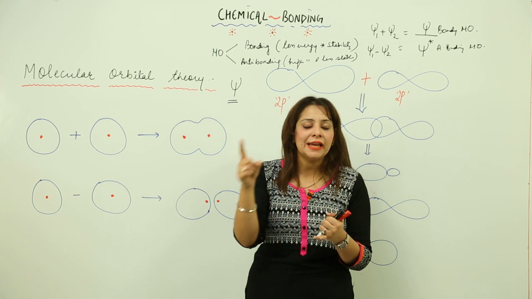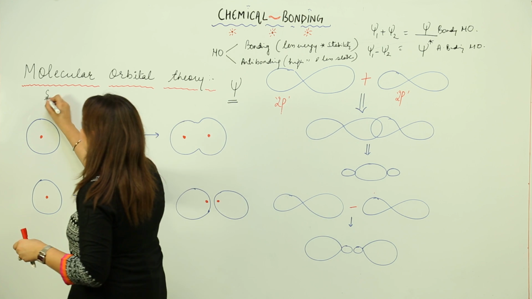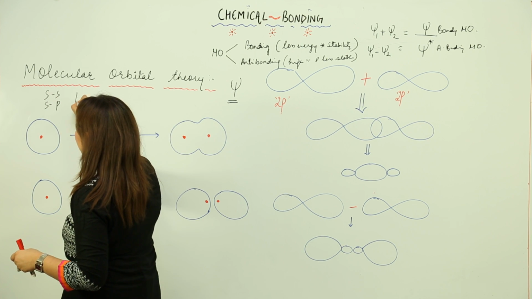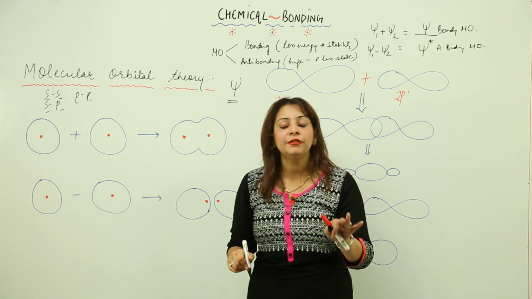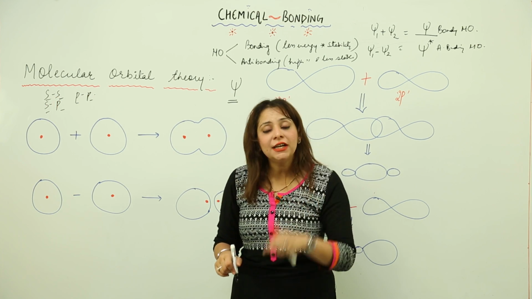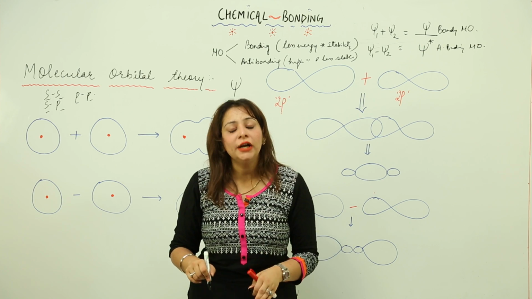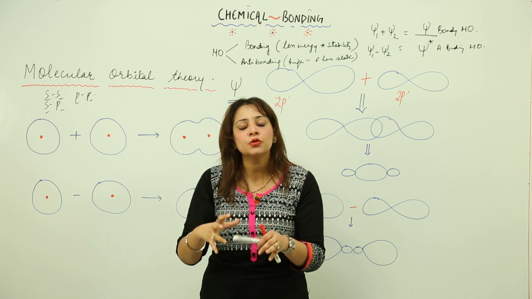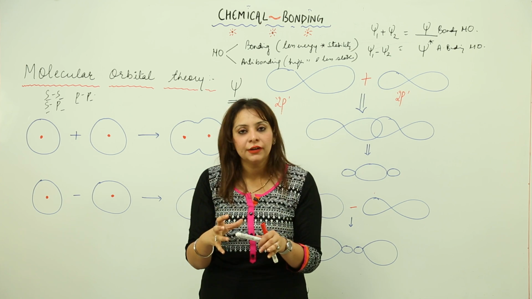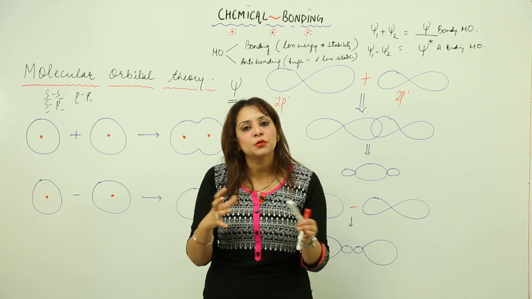I will write here: s-s can combine, s-p can combine, and p-p can combine. Only three kinds of combinations are possible if we need to form a sigma bond. So here also I am just going to form a sigma bond. The only difference is that in one case I will be adding the psi wave functions, and in one I will be subtracting, right.